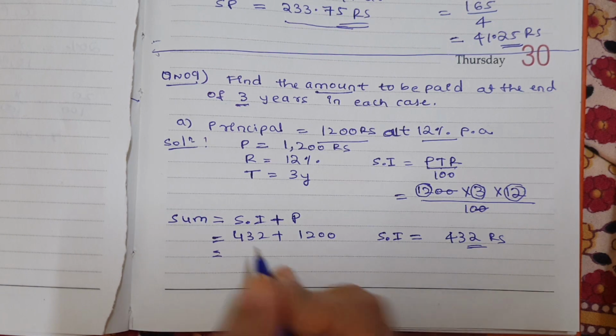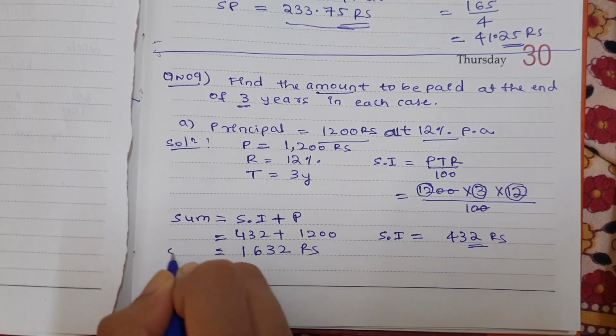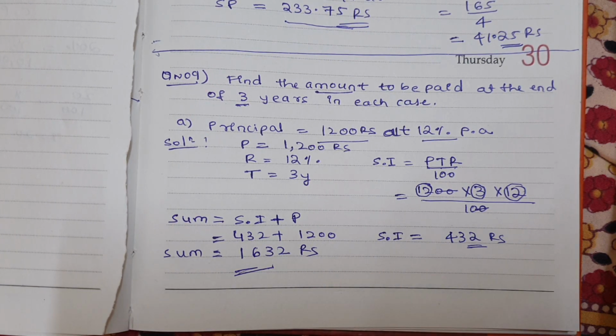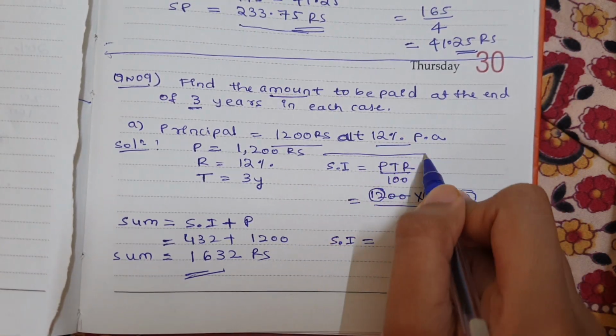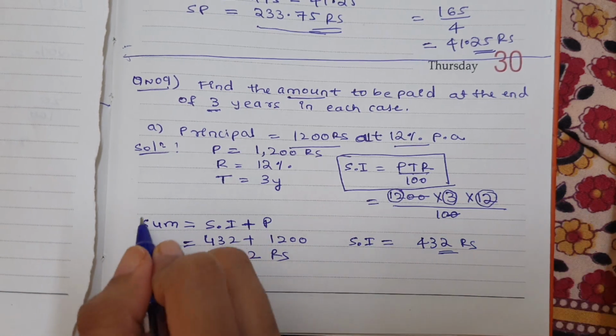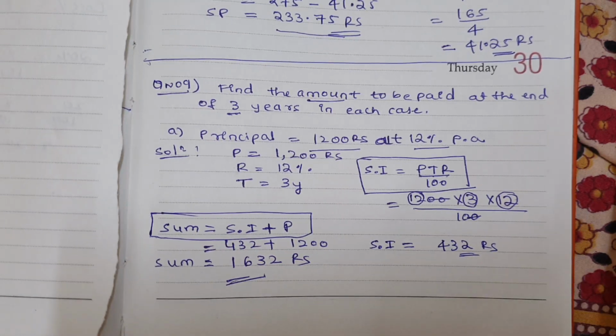So the sum will be 1632 rupees. So this is the amount to be paid at the end of 3 years. In this, the important formulas are: simple interest is equal to PTR upon 100, and sum is equal to simple interest plus principal amount.